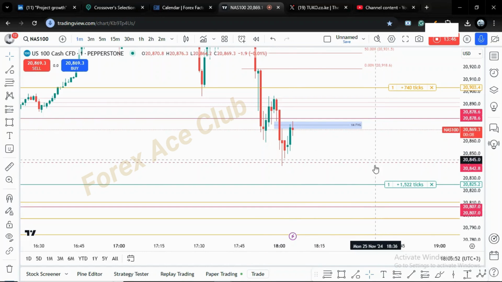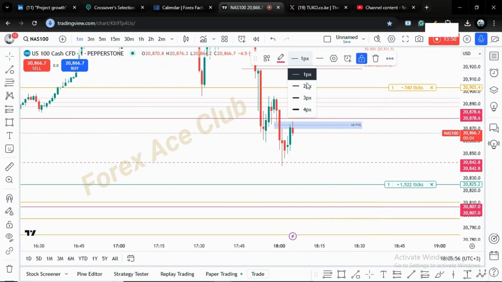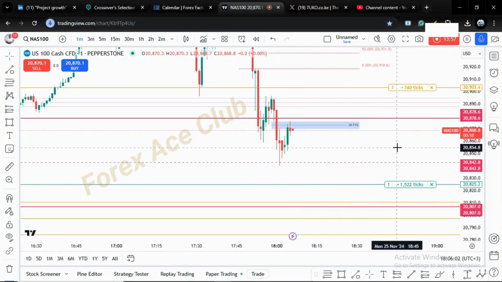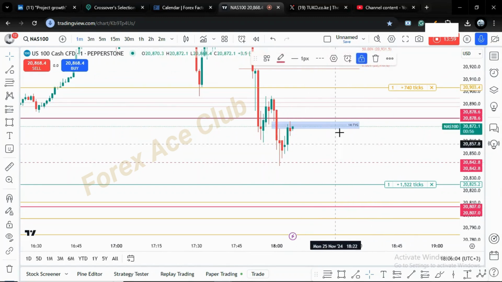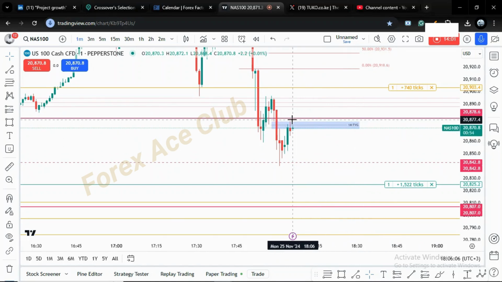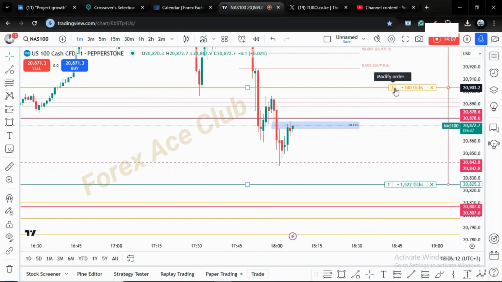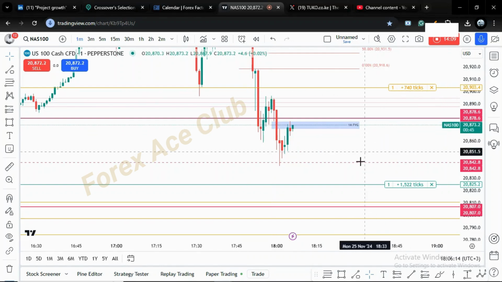This is the high. This is the low. Let me increase the thickness. And this is the midpoint. You can tap into it. I wouldn't want to see the market trade above this high to my stop loss.